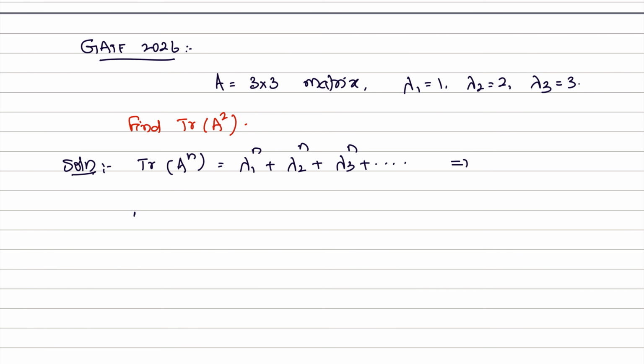That implies trace of A square is equal to, what is lambda 1? Is 1. A square, it is n is equal to 2. That is 1 square plus 2 square plus 3 square. What is its value? This is equal to 1 plus 4 plus 9. That is equal to 14.